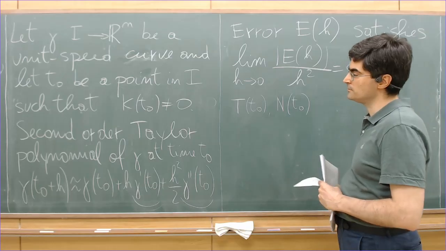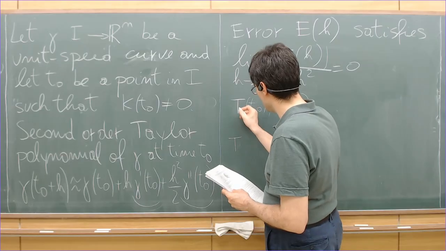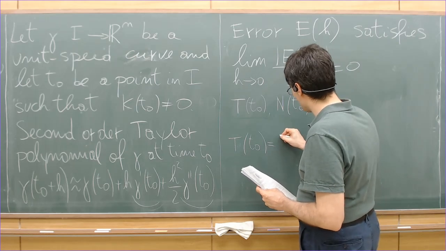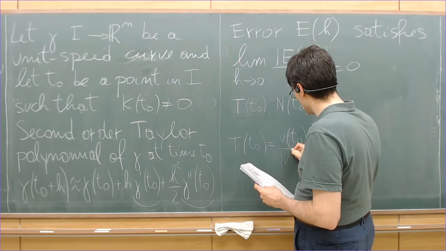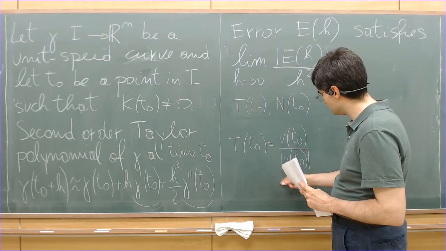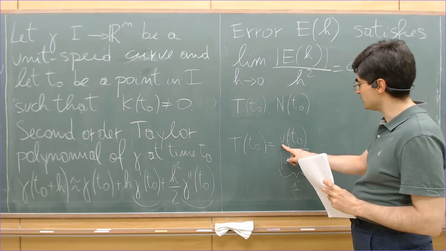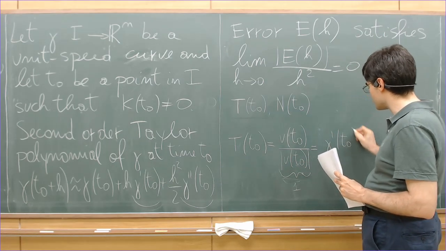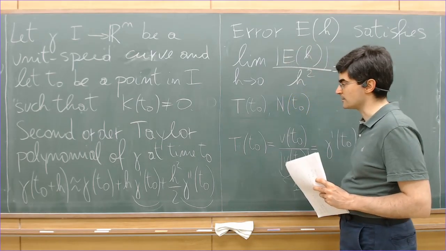So by definition, the unit tangent vector at t0 is given by the velocity vector at t0 divided by its length, but by hypothesis this is equal to 1, and v of t0 by definition is just gamma prime of t0. So gamma prime of t0 is equal to the unit tangent vector at t0.